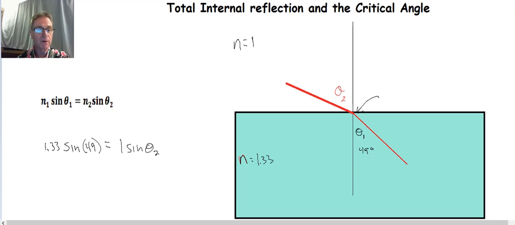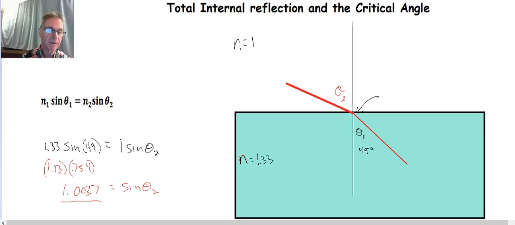Well, the sine of 49 degrees is about 0.754, okay? And if we multiply that times 1.33, we get 1.0037, which is going to equal 1 times the sine of theta 2.